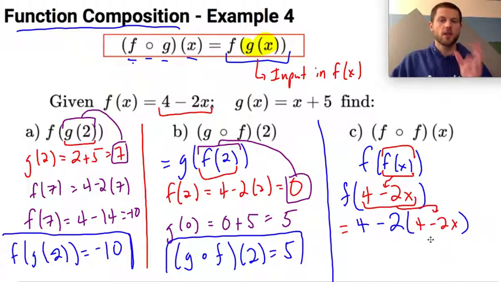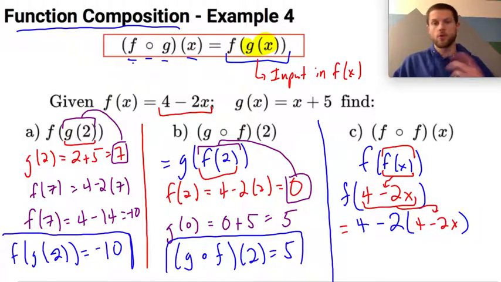If this is kind of tricky, that's okay. Maybe pause the video and digest this a little bit. The entire function f of x is the input in my larger f of x function. I'm taking the entire rule, the entire definition of f of x, and that becomes my input in my f function, so that wherever I see an x, I'm putting this 4 minus 2x.